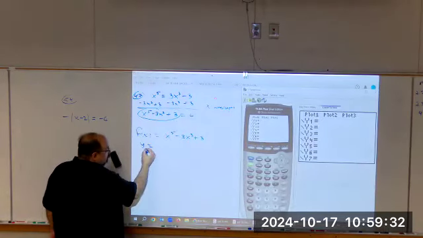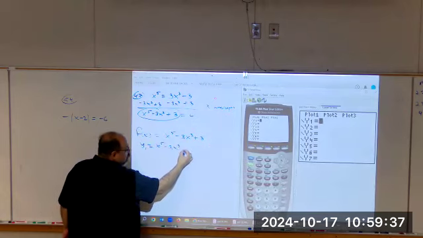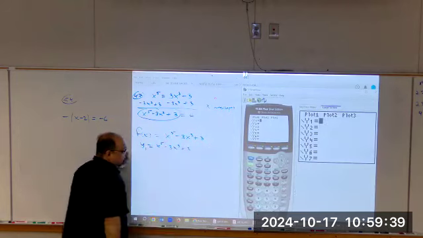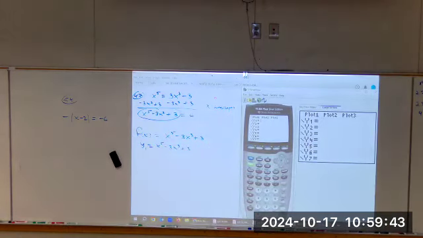So we're going to type in y sub 1 is x to the fifth minus 3x to the third plus 3. Fifth power. And that minus 3x to the third.